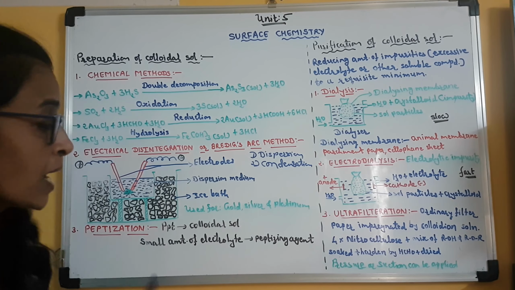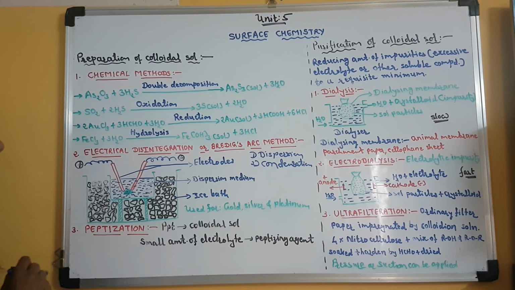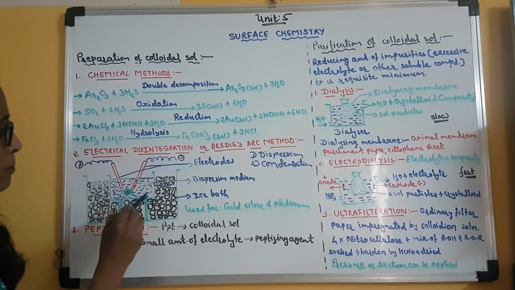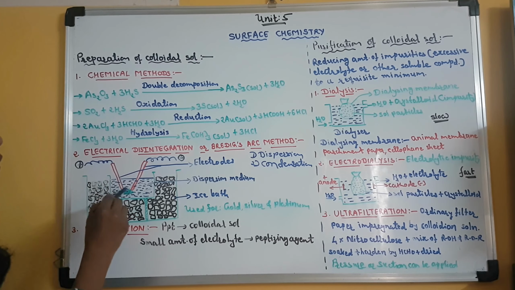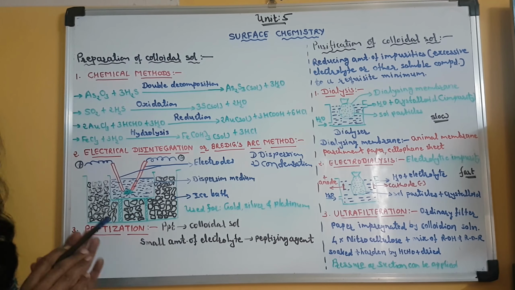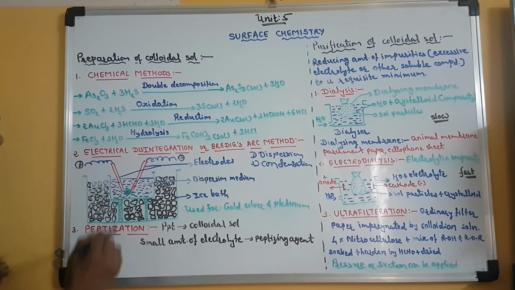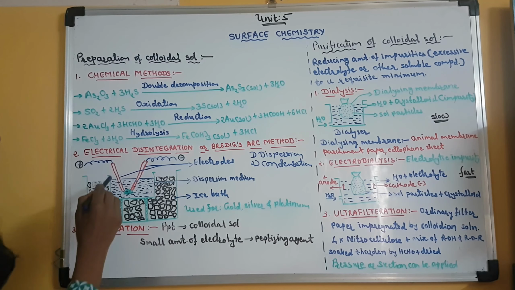Now here in the diagram you can see there are two containers. In one bathtub, two metal electrodes are immersed. These metal electrodes are either of gold, silver or platinum. Clear? So these metallic electrodes are immersed in a suitable dispersion medium. This is the dispersion medium, this blue color.